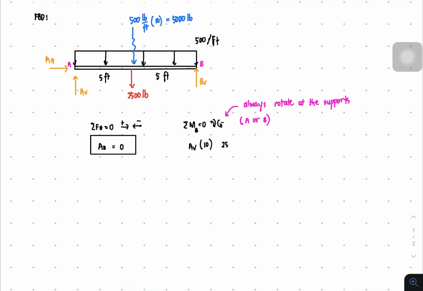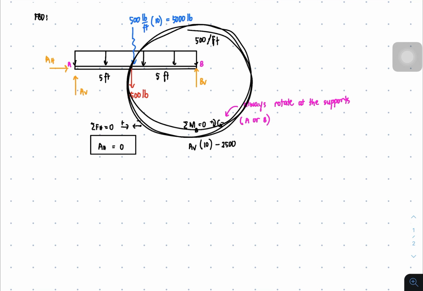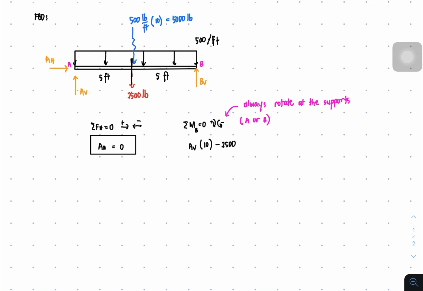The 2500 will rotate about point B, and since it's downward, it's going to be counterclockwise.